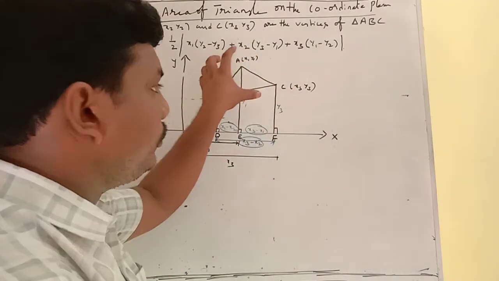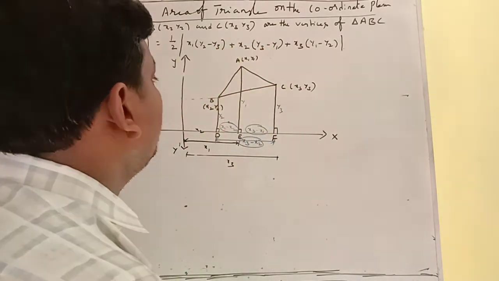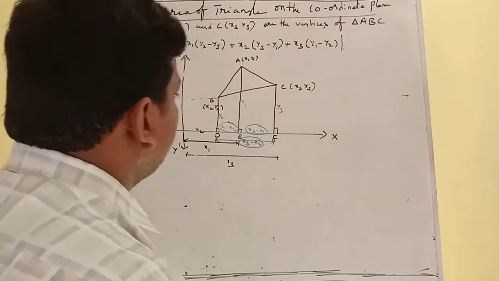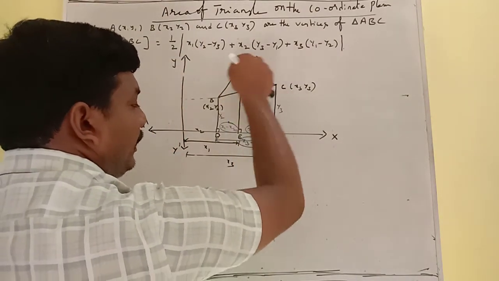Before going to area of triangle ABC, how to get the area of triangle ABC here?